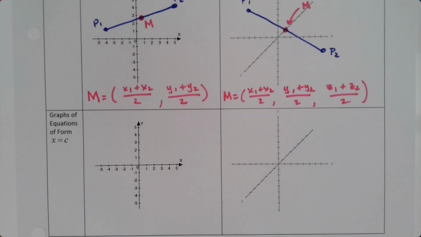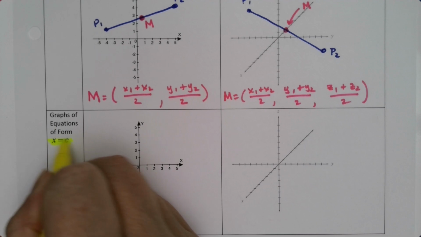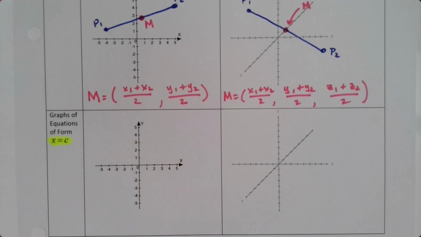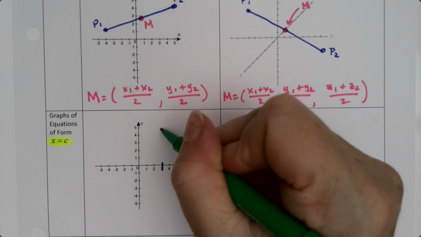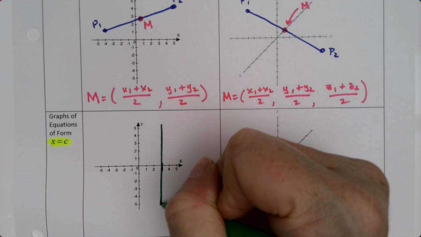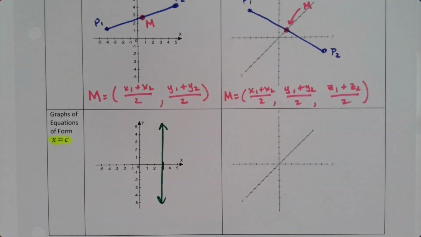All right, now, when we drew x equals c in algebra class, we learned that that was a vertical line, right? So it's a line. It goes through a particular x value. So, I can pick an x value, like x equals 3, and I can say, okay, that's a vertical line that goes through.